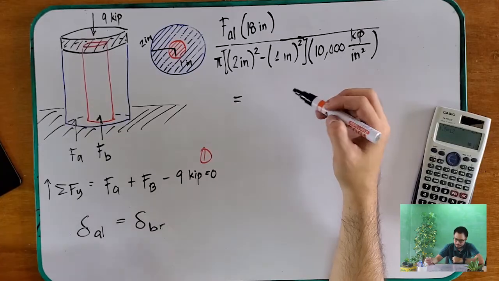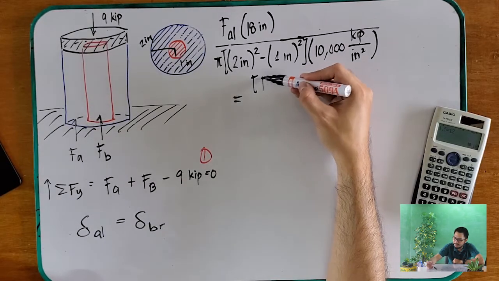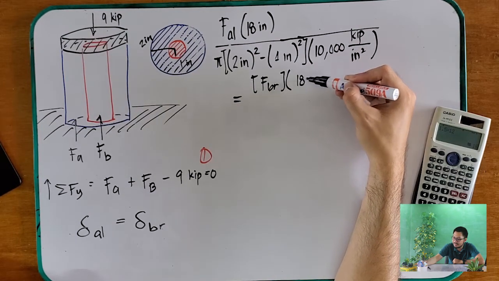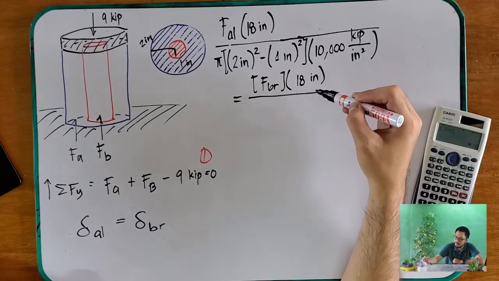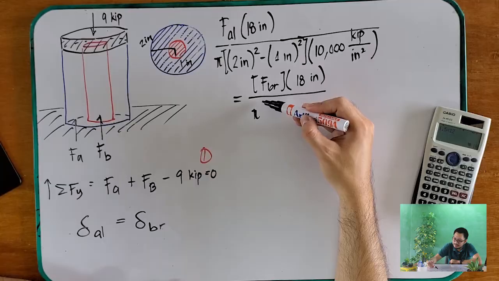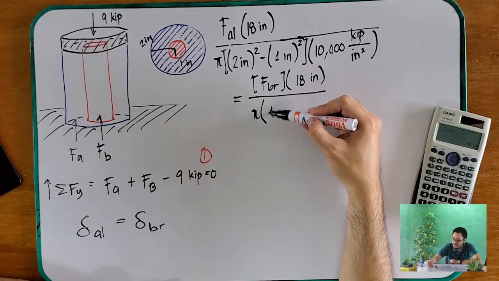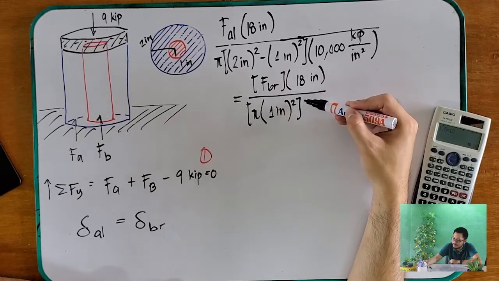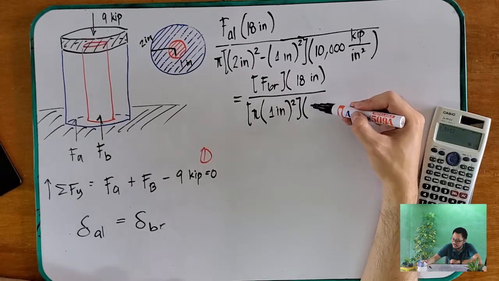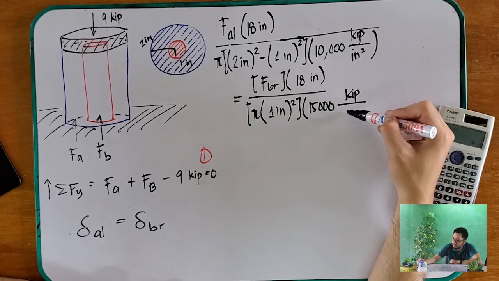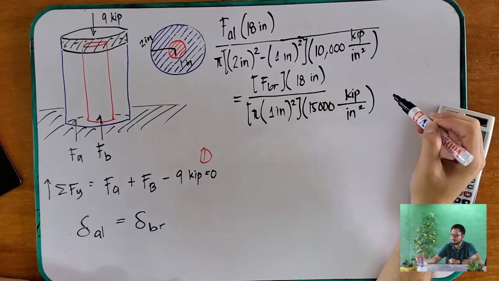Is equal to, for the bronze, F BR times 18 inches over, since it is not hollow, pi times radius of 1 inch squared times the modulus of elasticity of your bronze, which is 15,000 kilopounds per square inch.